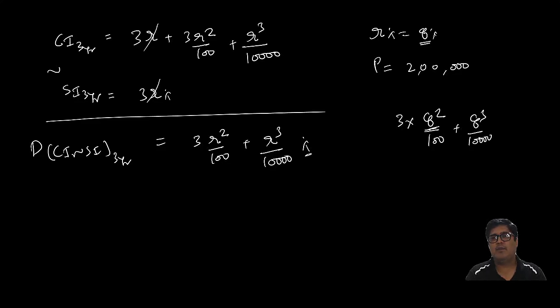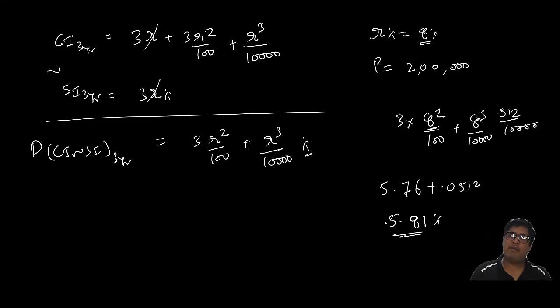This is 64, 64 into 3 is 192. 192 upon 100 is 1.92, into 3 is 5.76%. And what is 8 cube? 512. This is 512 upon 10,000, which is basically 0.0512. 0.05 is more than enough. So that is a 5.81% gap.